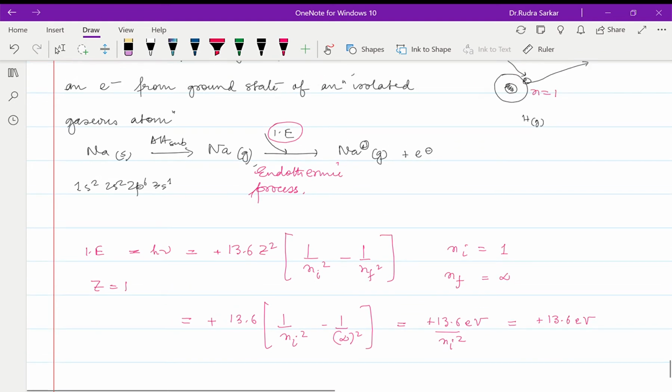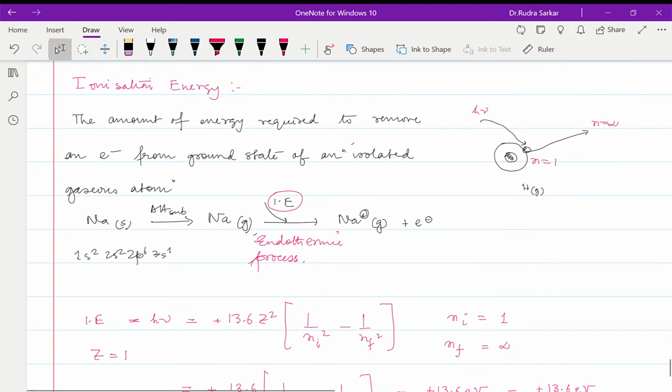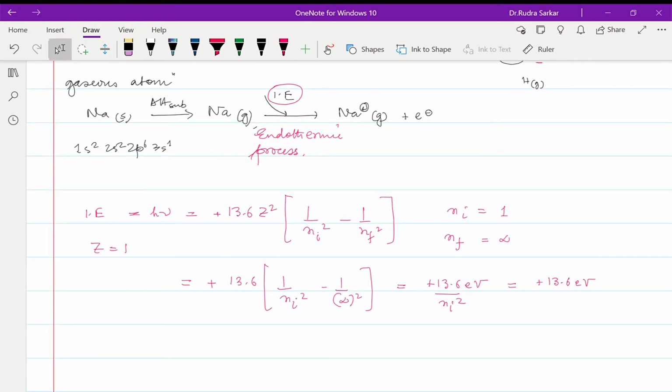So to remove an electron from the hydrogen atom to this infinite distance, we will call this as the ionization energy, and that is now having the value plus 13.6 eV, okay?